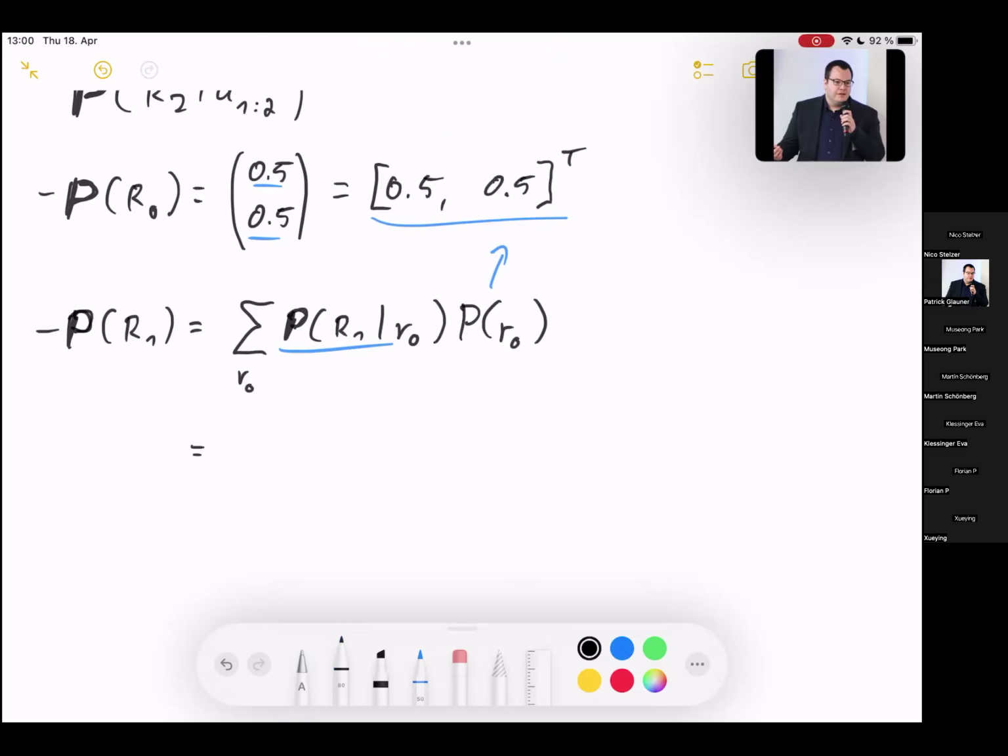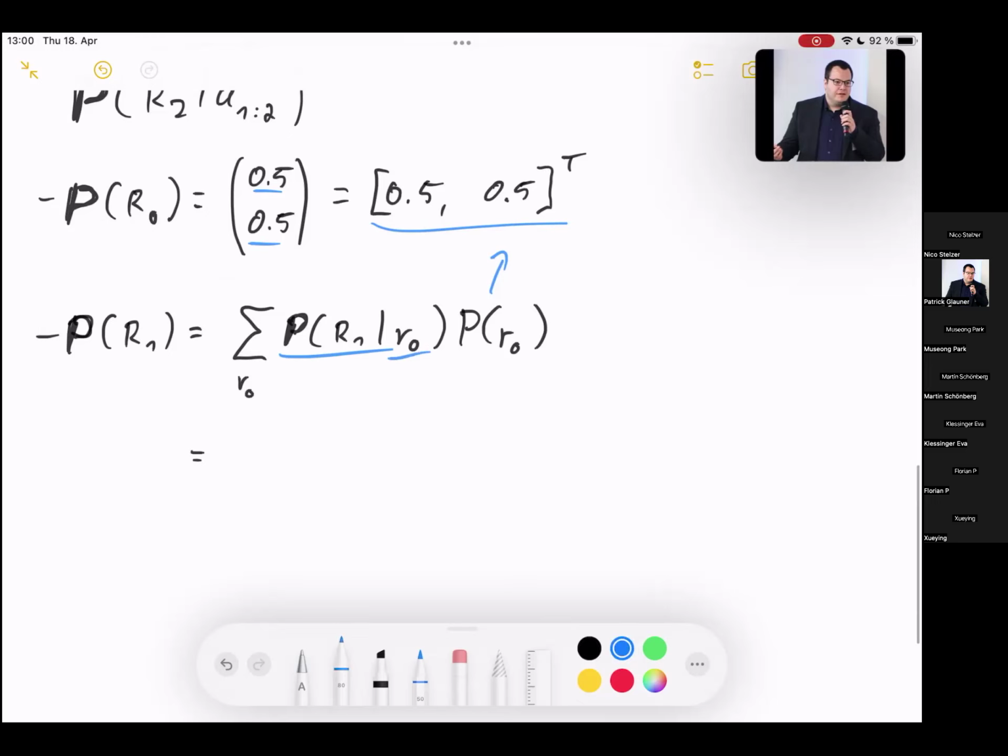And we knew if there was rain before, the probability of having rain in the next day is 0.7. And it's 0.3 in the other case. That's what you saw. So we'll now calculate this in a vectorized way.